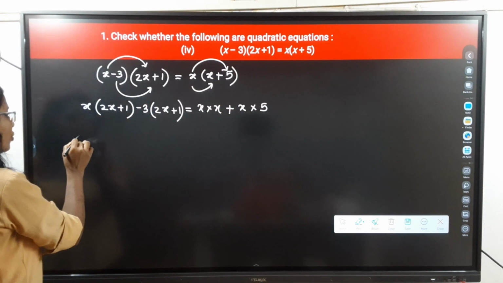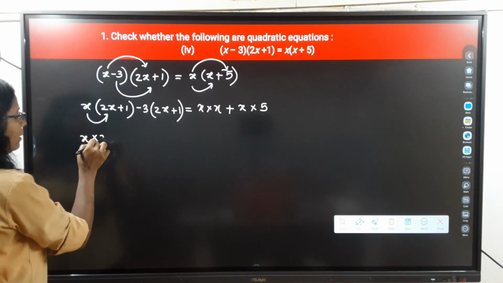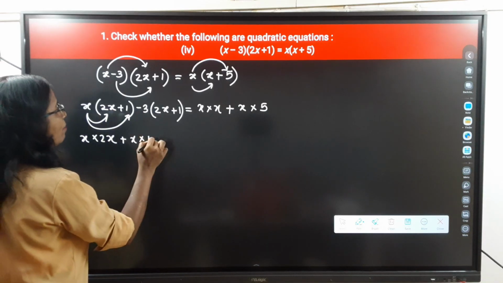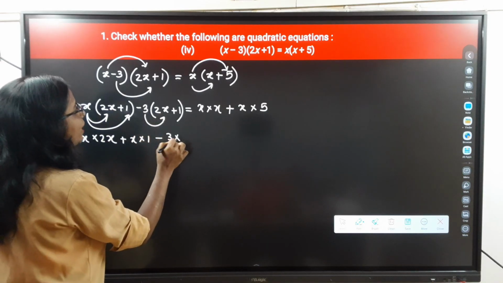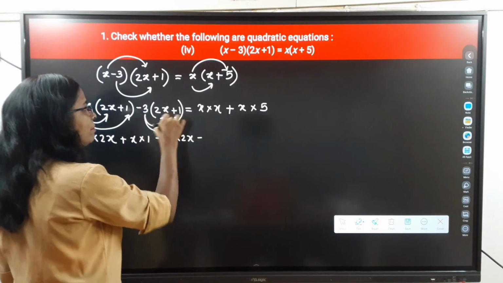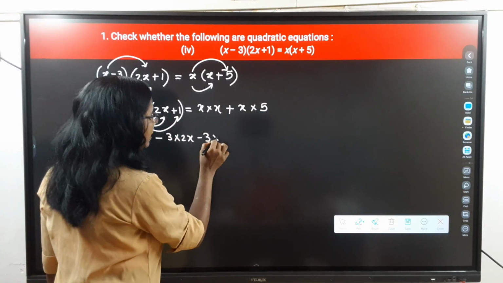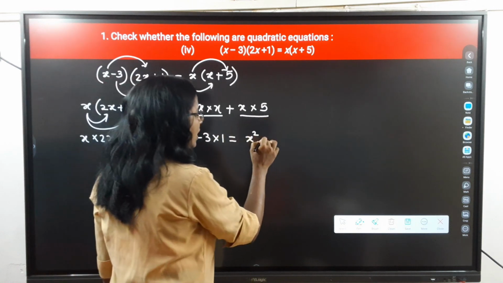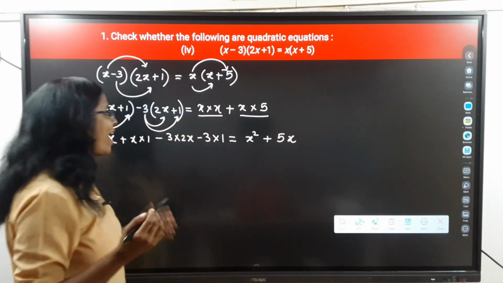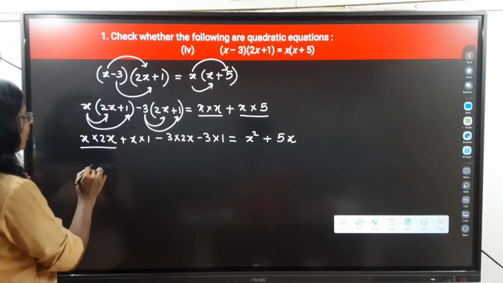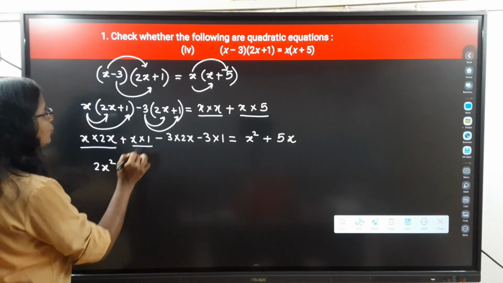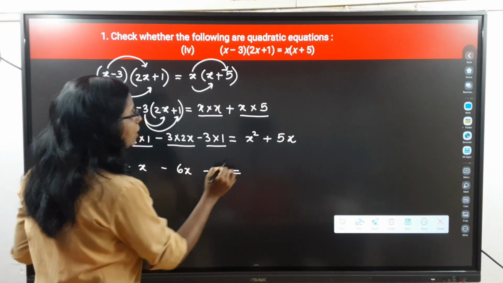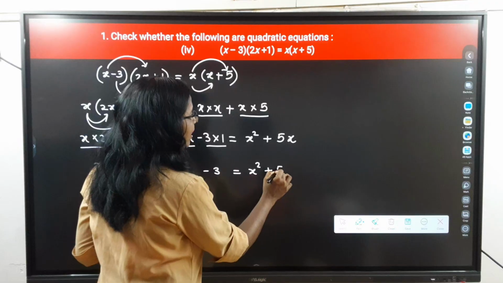Further simplify: x multiply 2x, x multiplied 1, minus 3 multiplied 2x, minus 3 multiplied 1, is equal to x square plus 5x. Now, students, this becomes 2x square plus x minus 6x minus 3 is equal to x square plus 5x.